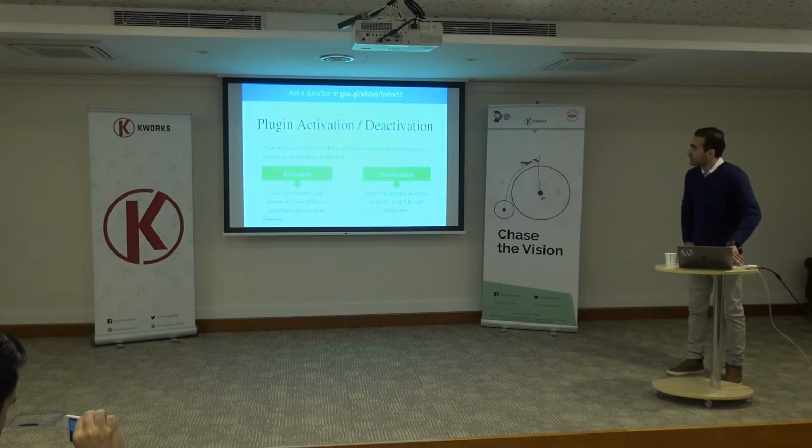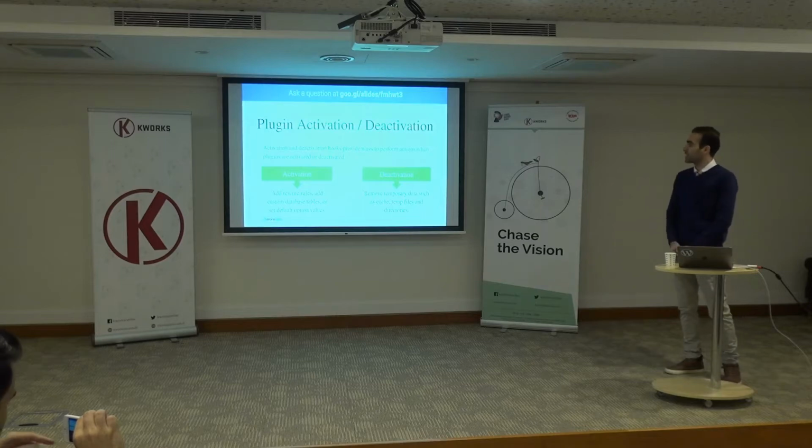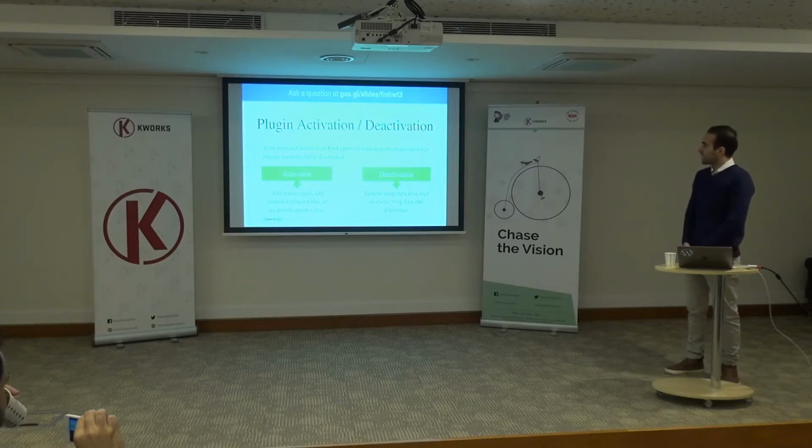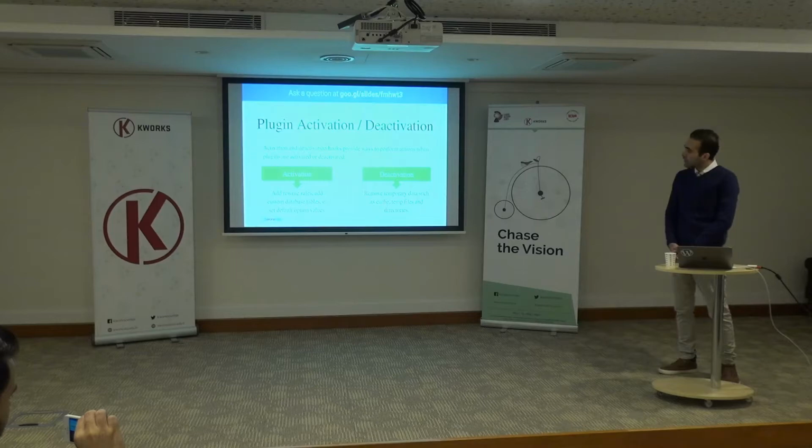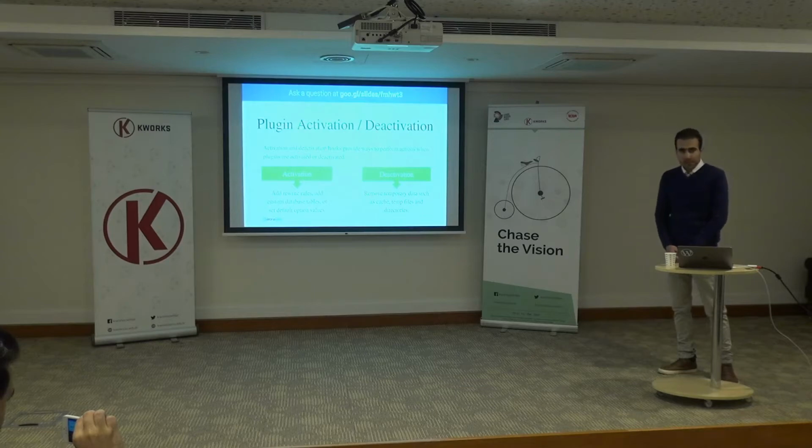Activation and deactivation. Activation and deactivation hooks provide a way to perform actions when plugins are activated or deactivated. For example, for activation, we can add rewrite rules, add a custom database table, or set default option values.